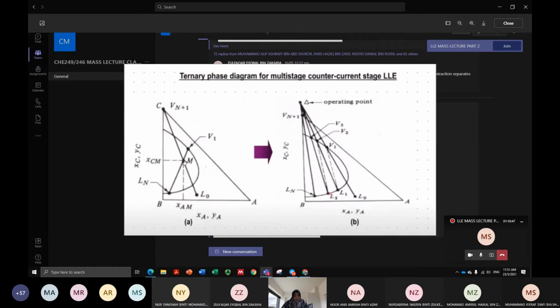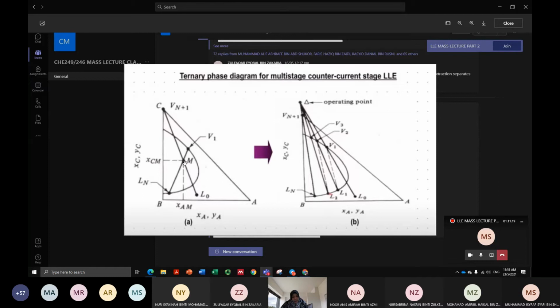You draw a straight line. The middle point represents the point M, which is your mixture point, and the coordinates are given by XAM and XCM. If you were to have B, that would be XBM. Why do you need this information? Sometimes you need to use the overall mass balance and the mass balance for the components to solve the other unknowns.